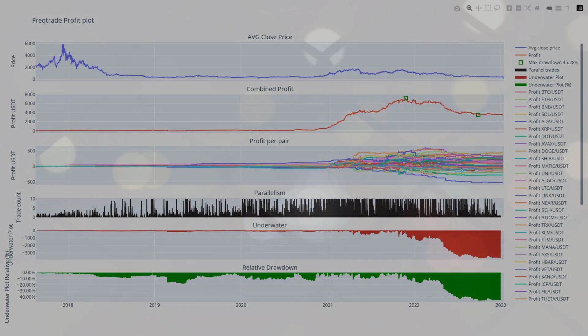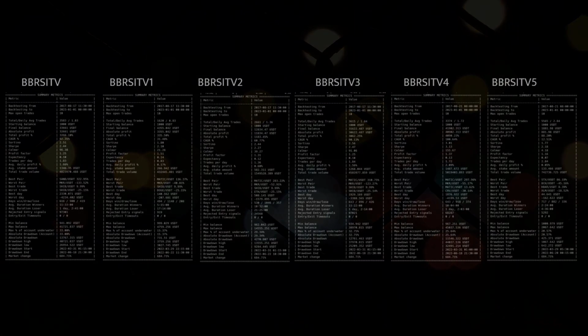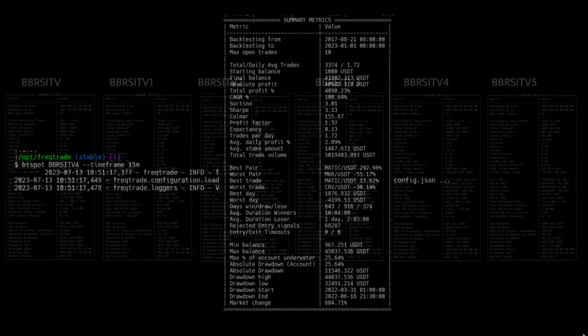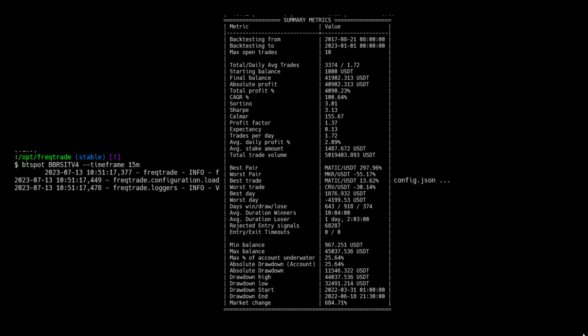Now, while I wrote the outline of this video, I also did some backtests over the other configured classes in this code, and I show you this here. I used the best 15-minute time frames for these tests and got the following results. And if you look closely, the BBRSI4 class even showed higher results in this backtest.